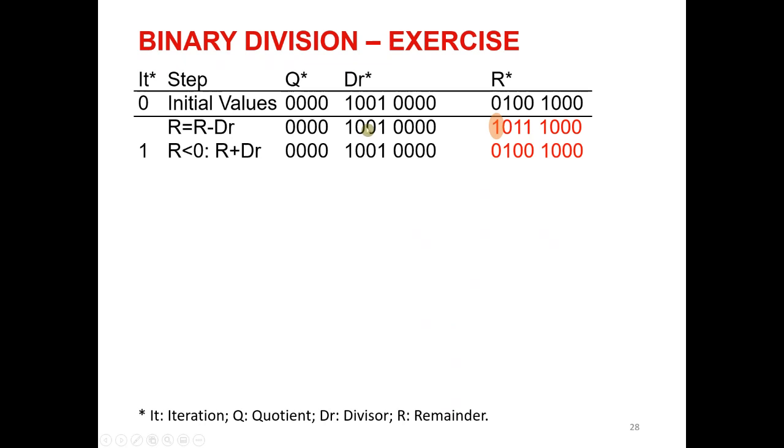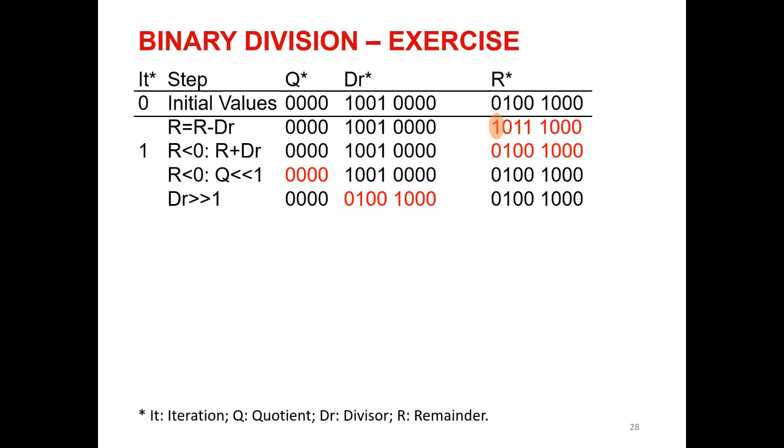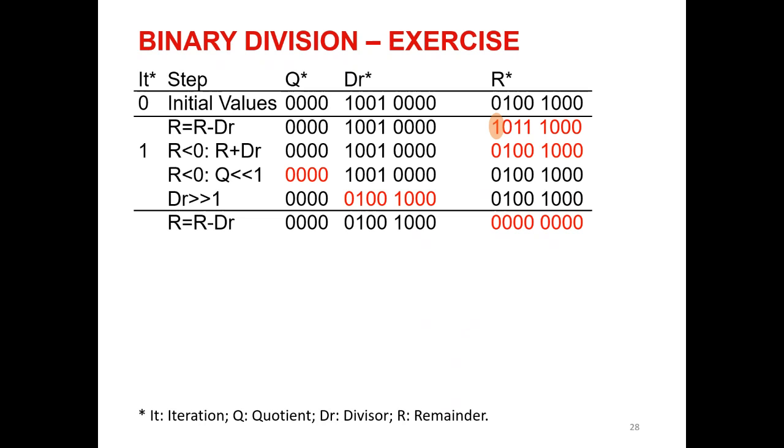To undo it, we add the divisor to the remainder and restore the initial value. Then we shift the quotient 1 bit left and add a 0 in the rightmost significant bit. Then we shift the divisor right by 1 bit. That will be the first step.